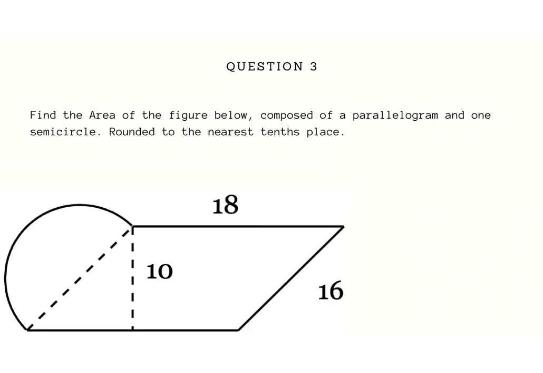In our last example, we have a parallelogram with a semicircle attached to it. Now, if we remember, the parallelogram formula is base times height, just like a rectangle. So I'm going to do my base of 18 and 10, because I know that this line right here tells me the height of our parallelogram, and it creates a 90-degree angle with my base of 18.